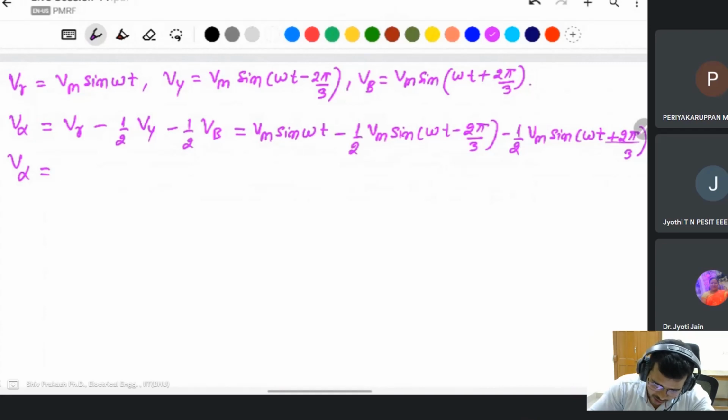Take Vm as common. This is the sin omega t.